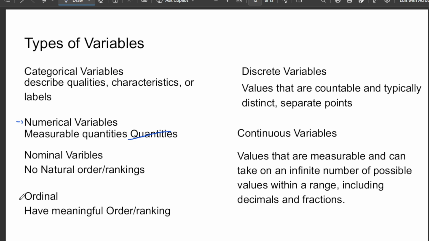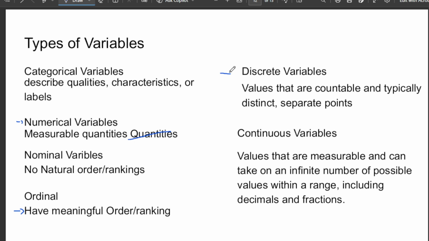Ordinal has a meaningful order or ranking. An example is the satisfaction rating of a customer: satisfied, neutral, and dissatisfied. A second example is socioeconomic status, split into three: low income, middle, and high income. They have order or ranking.